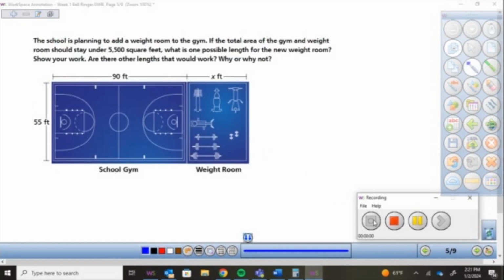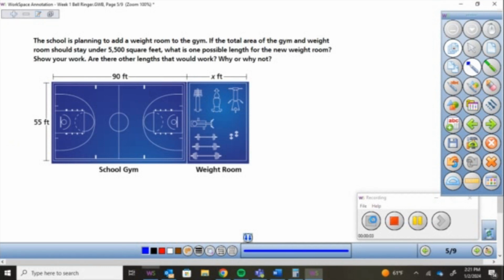Now that we've reviewed how to use the distributive property to solve problems, let's look at a real-world problem. The school was planning to add a weight room to the gym. If the total area of the gym and the weight room should stay under 5,500 square feet, what is one possible length of the new weight room? Show your work.